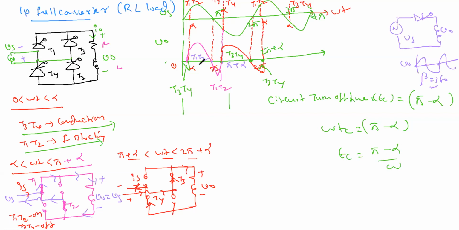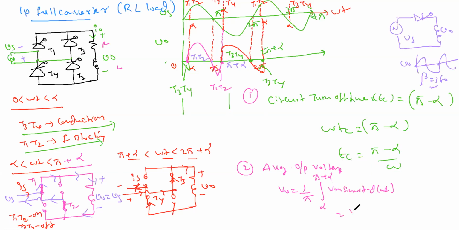And now we calculate the average output voltage. This is the waveform repeating. So what is the time period? The time period is pi. You can take alpha to pi plus alpha as the wave that is repeating. Vm sin omega t. If you do this, it's a standard one.